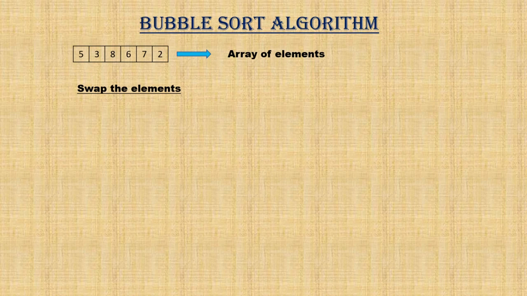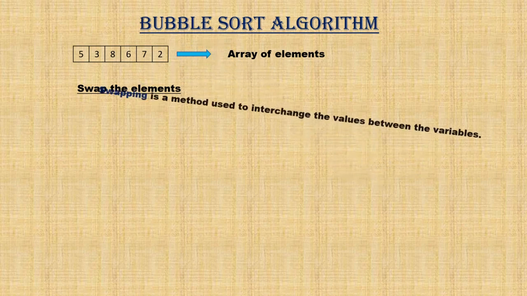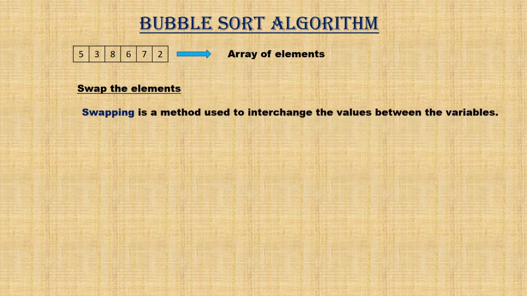So, how to swap, or what is swapping? Swapping is a method used to interchange the values between variables. It is used to change a value from one variable to another variable by replacing another value in it.